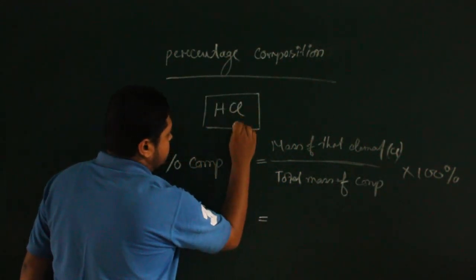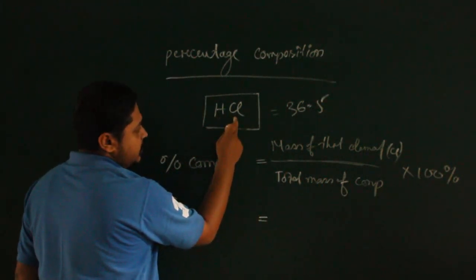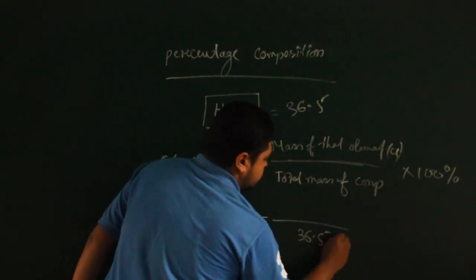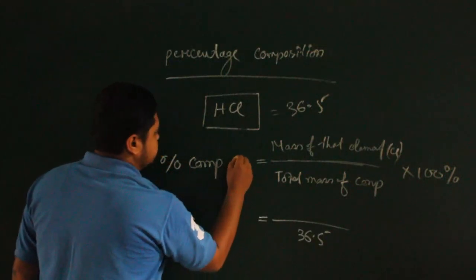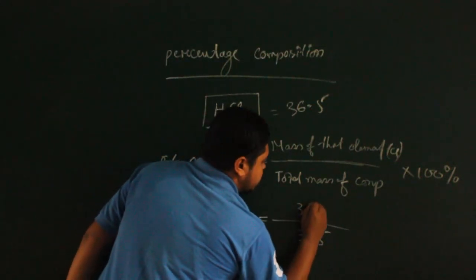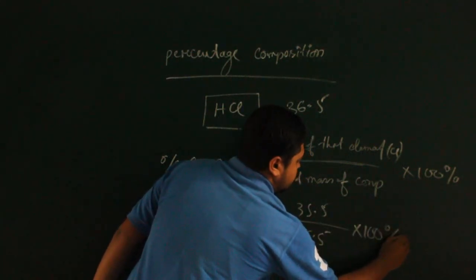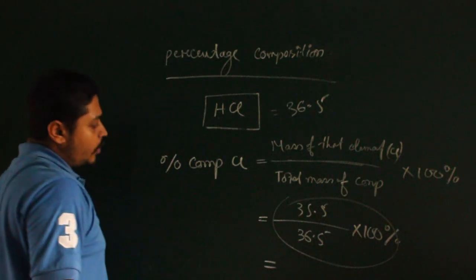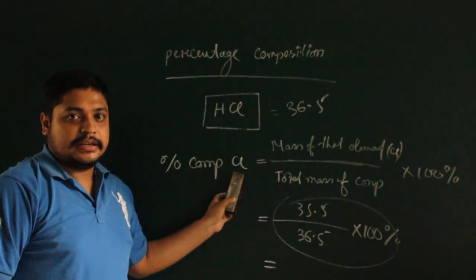The total mass of the compound is 36.5, that means 1 plus 35.5 gram. The mass of Cl is 35.5, into 100%. When we calculate this, we get the percentage composition of Cl.